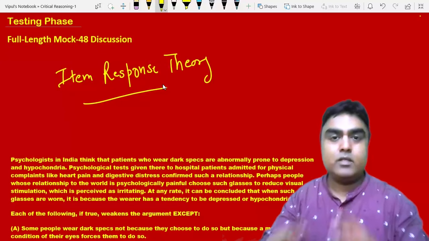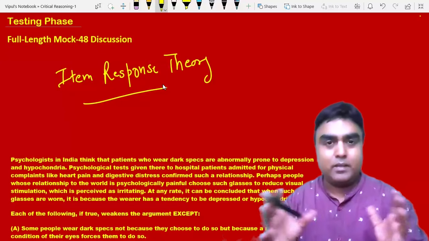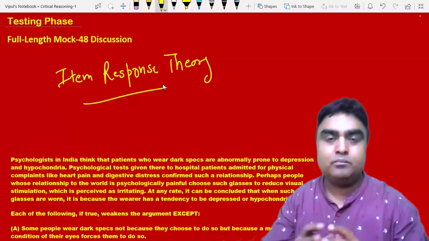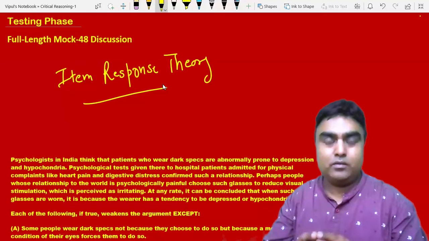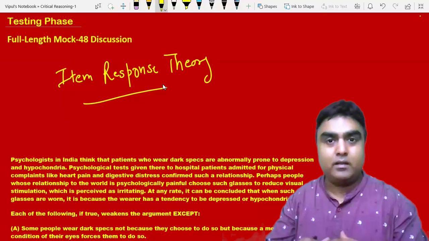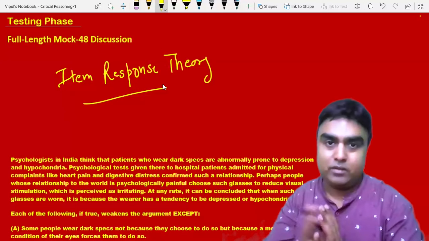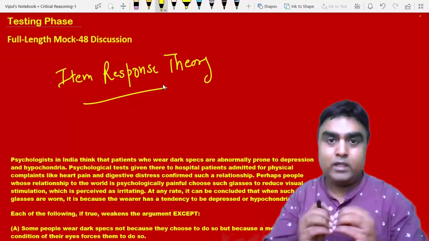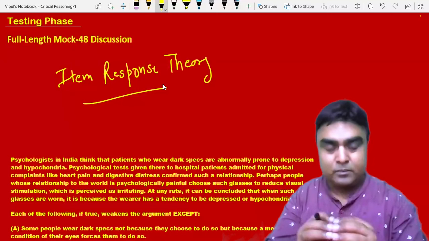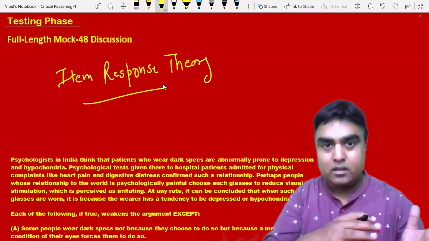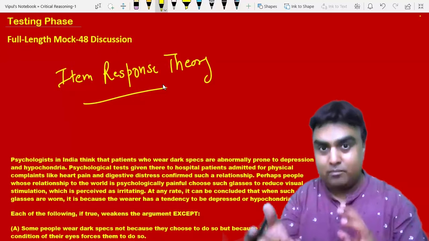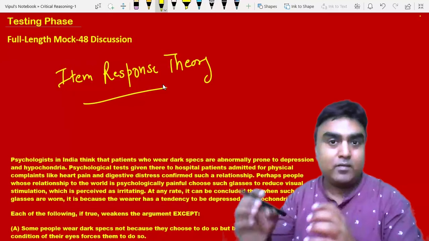This is a mathematical, more of a statistical model, in which we define the different questions into different difficulty levels. How we do it is we try to create a relation between the students' performance or attempts, and we relate it to the difficulty level.